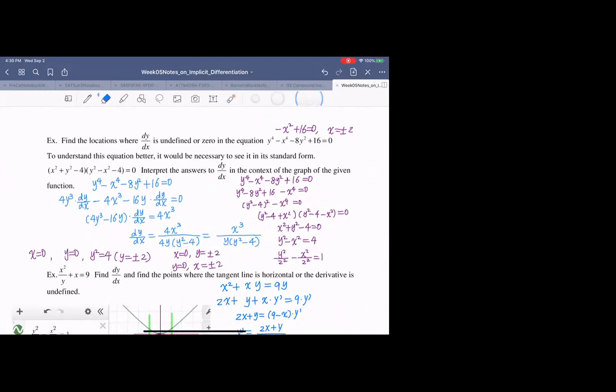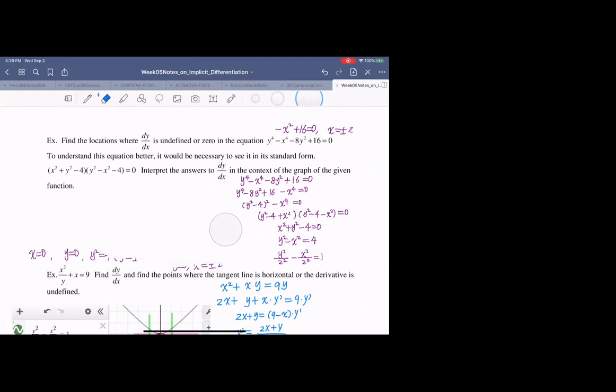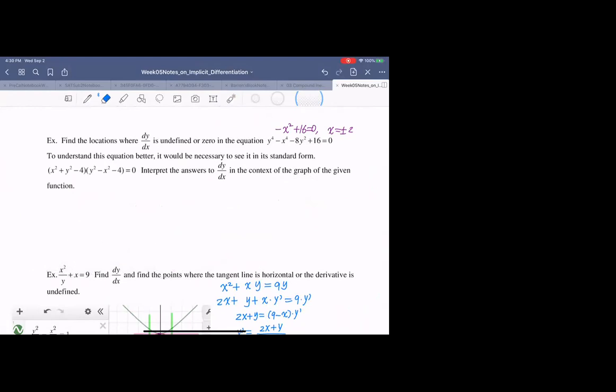Again, I'm going to hide my solution first. I want you to pay attention to this equation. Find the locations where dy/dx is undefined or 0 in this equation. Okay. So this is conics.